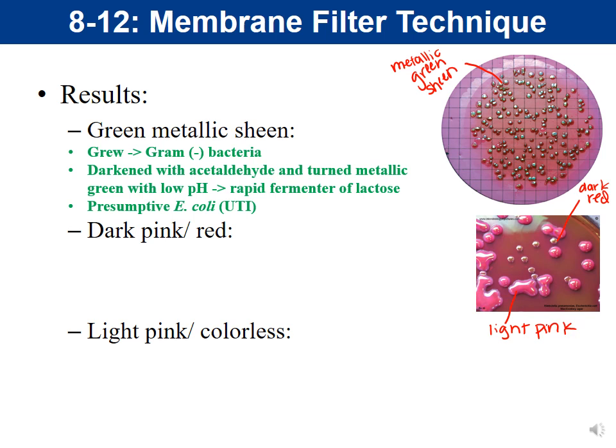E. coli can cause food poisoning, so O157:H7 can be caused by E. coli. So there are a lot of diseases that go with E. coli. But if we got this result, would that be considered positive for coliforms?